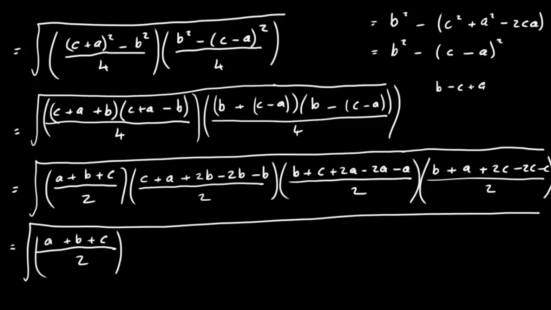Now in our second bracket here, we've got a plus 2b minus b, which is plus b. So that will give me my a plus b plus c. So that's the a here, the c is here, and this plus 2b minus 1b gives me this b here.